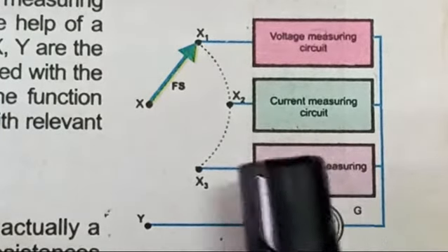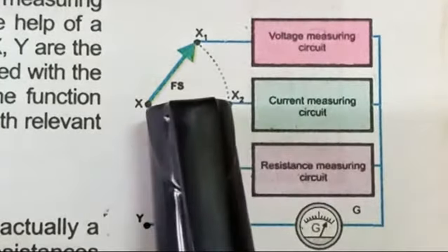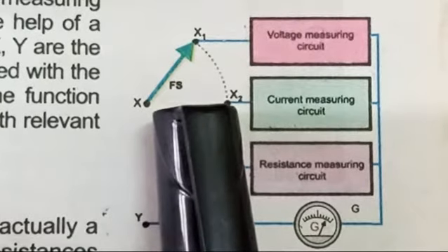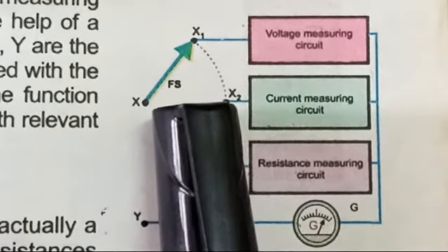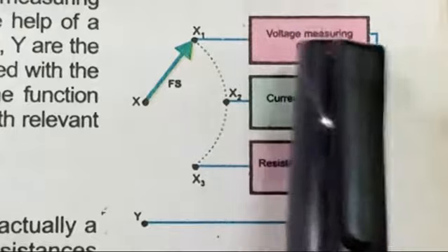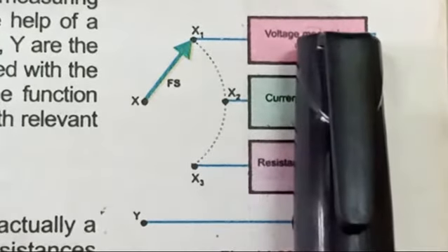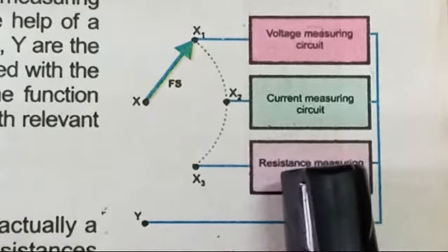So with the help of this circuit, by using the function switch, we can calculate current in amperes, potential difference in volts, and resistance in ohms.